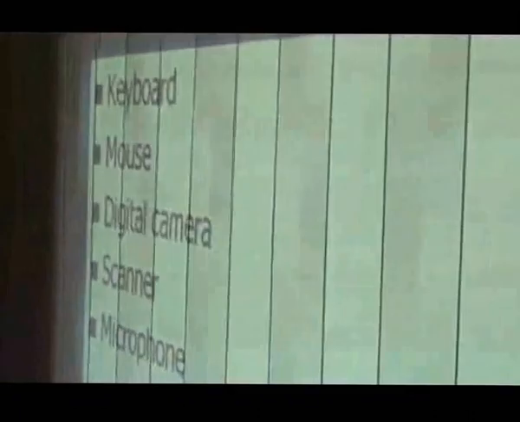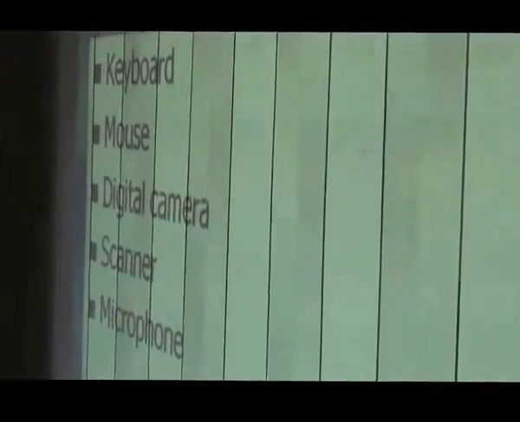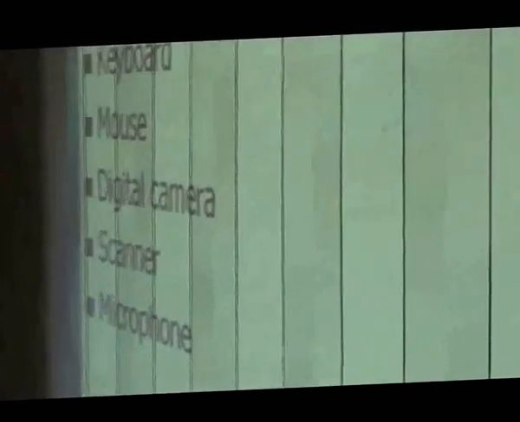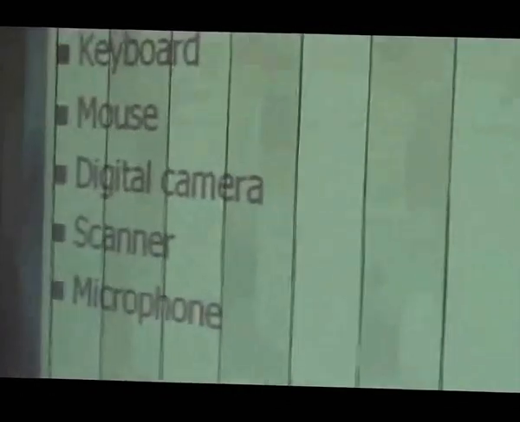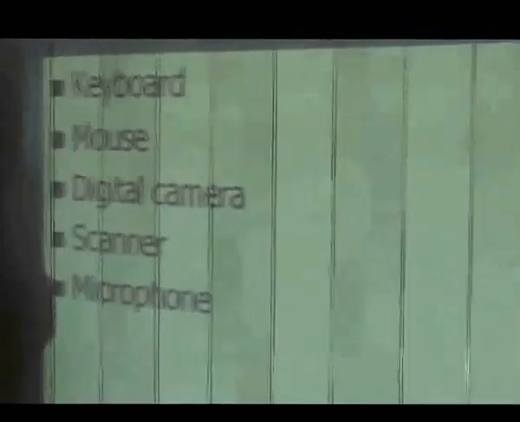Let's just see from the board and identify some of them. So we have the keyboard as an example, which he gave, the mouse, the digital camera, the scanner, and the microphone. Now there are more. The stylus, which you use, the touch screen phones, and then the touch screens.